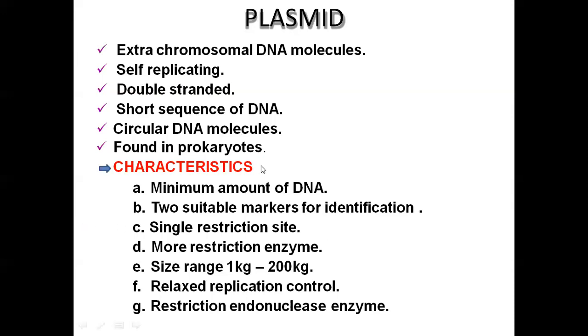Its characters are: minimum amount of DNA, suitable markers for identification, which I will tell later, a single restriction site for each restriction enzyme, size range of 1 kb to 200 kb, and relaxed replication control. So these are the characteristics. You need to remember these things for the plasmid vector.